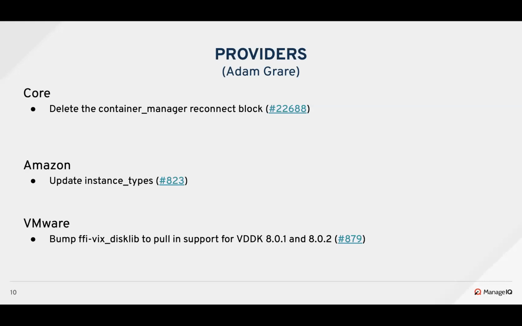This was introducing a number of queries that were slowing down some cases, and so we decided to delete it since the original case for why it was added is no longer an issue. For Amazon, we updated the list of instance types, and for VMware, we bumped the VixDiskLib support library to pull in support for VDDK 801 and 802.